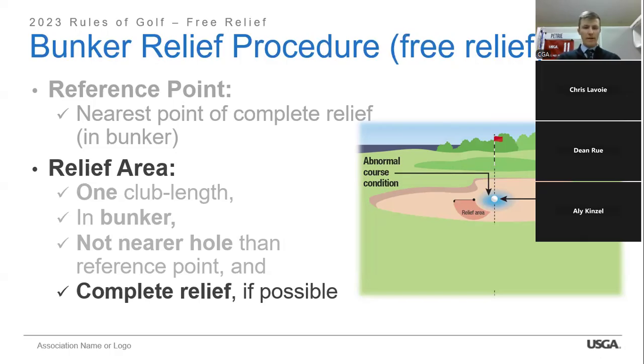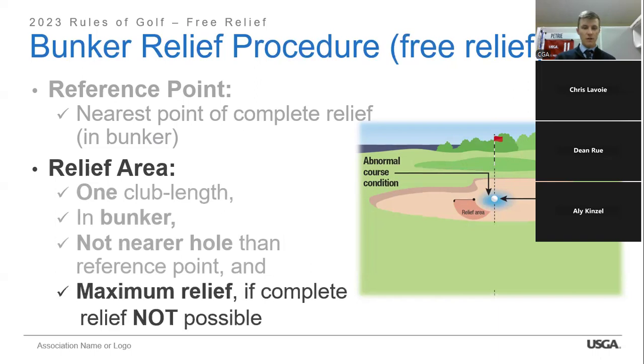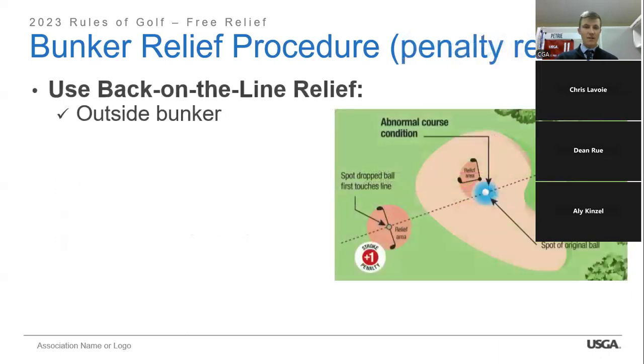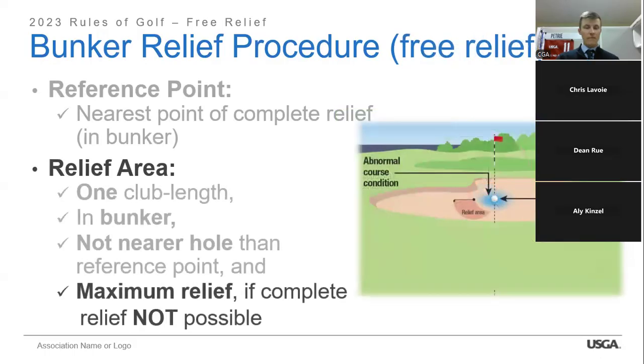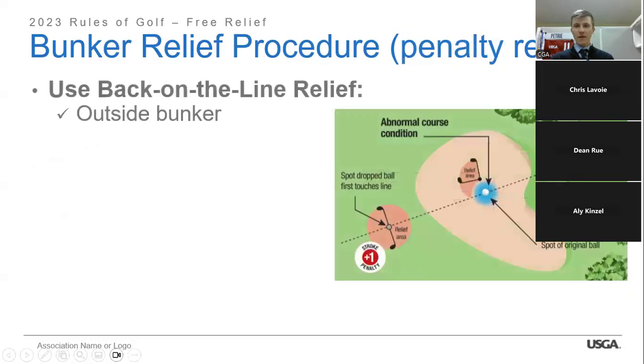Now, this last bullet point is referencing the situation if the slide is hit like this. So I'll use this picture on the right. We're talking about maximum relief. Imagine this whole bunker is underwater, and there's nowhere in this bunker where we're going to be able to take relief and not still have that interference.